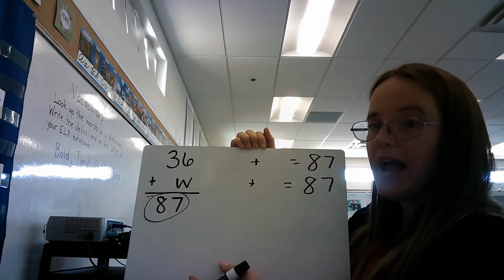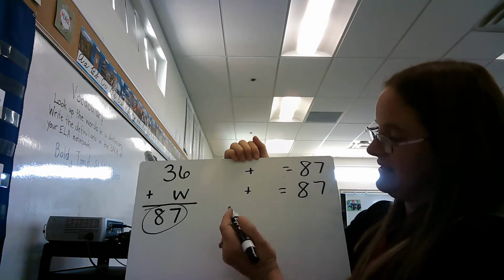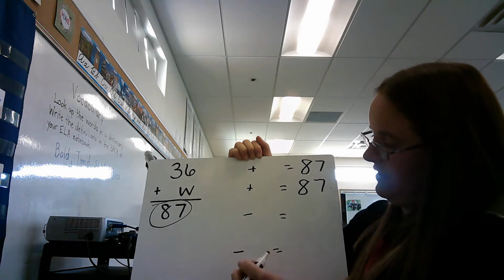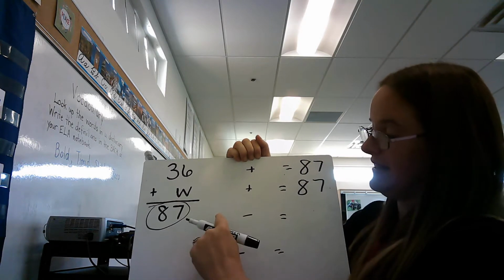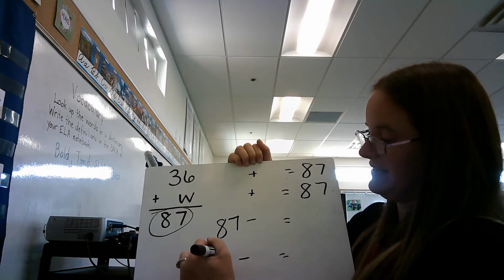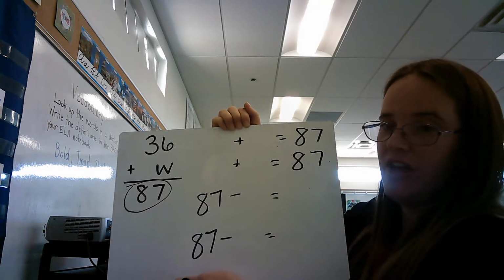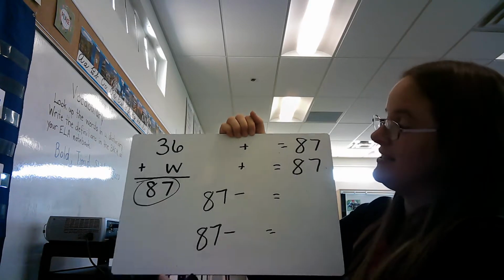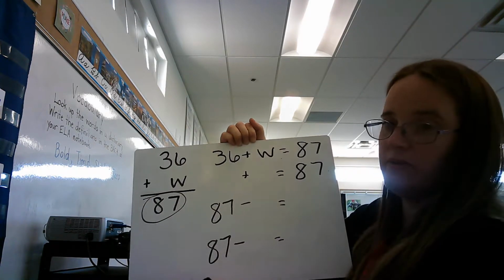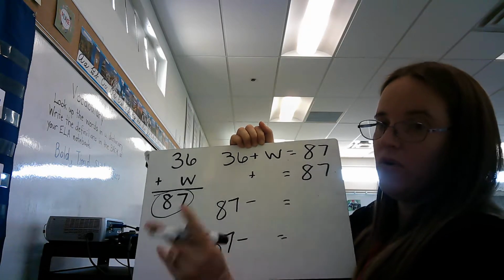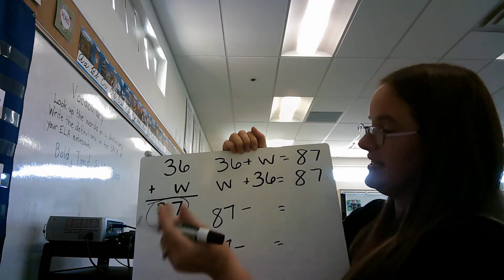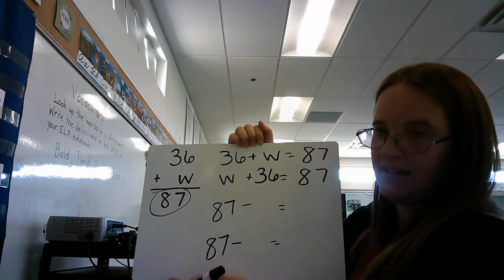In my subtraction problems, where does the biggest number go? The biggest number goes at the beginning of a subtraction problem, so I'm going to have to put 87 there. So now I can fill in the rest. I can say, like my original here, 36 plus W equals 87, or I can flip-flop them and say W plus 36 equals 87.